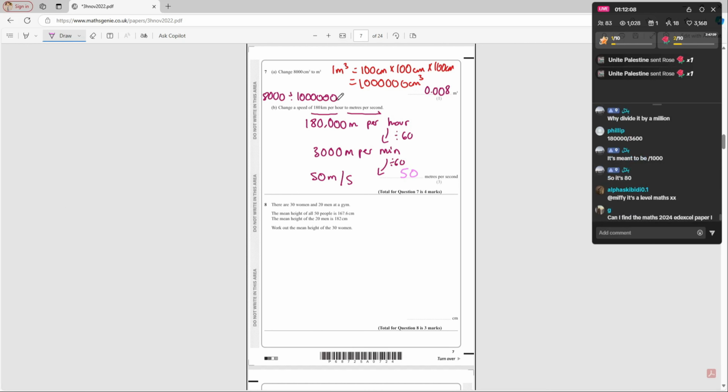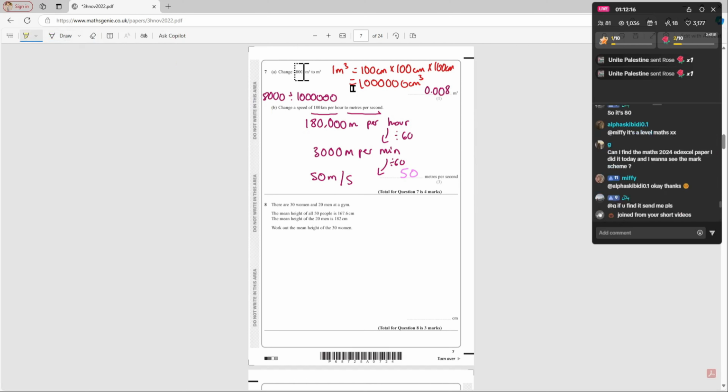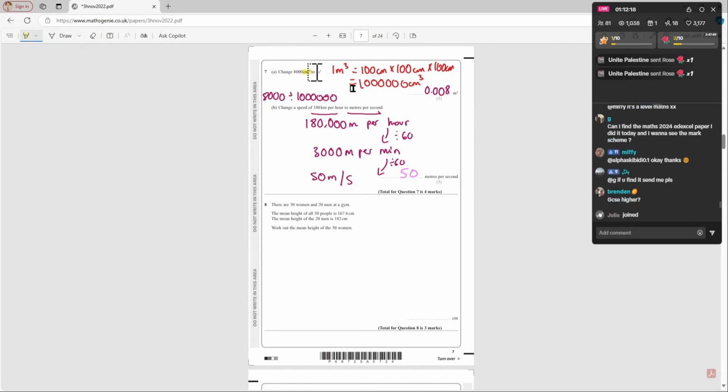This question over here, you're not supposed to divide by 1,000. If you divide by 1,000, it is wrong. It says convert centimeter cubed to meter cubed. It's cubed. It is different. It's 3 lots of the centimeters, okay?